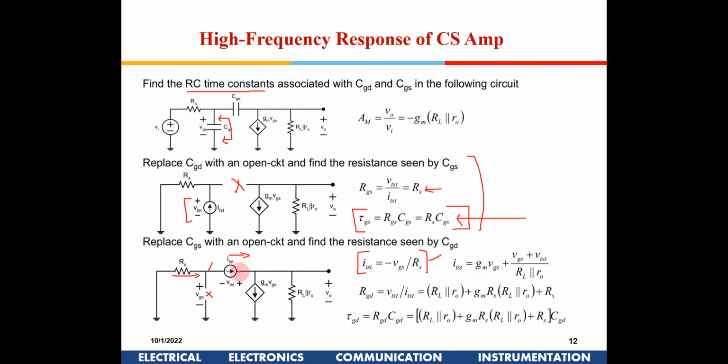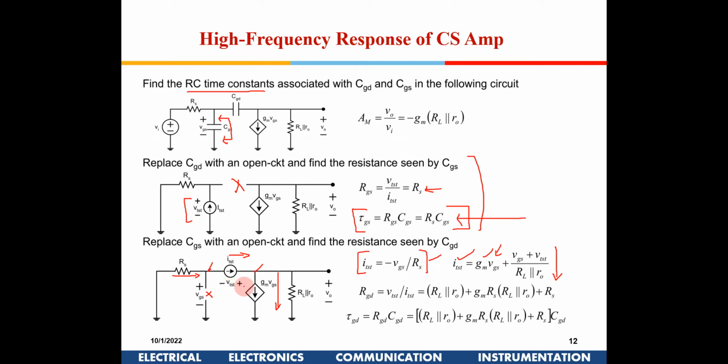The second equation is this current is being split into two branches, right, one current here and one current here. So I can write I test is equal to one current is GM VGS, which is flowing here, and what about the other current? Now, this voltage out here is VGS and the voltage out here, this we have taken as plus minus.